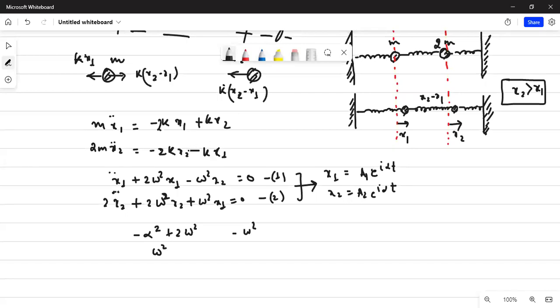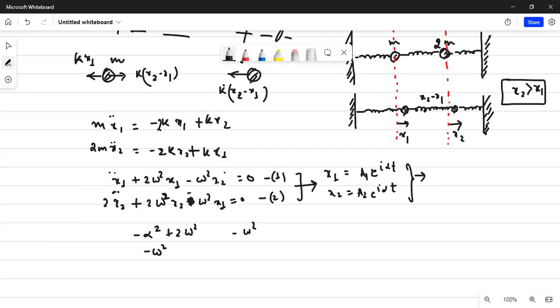Both of them are acting in this direction, so I think here it will be a minus sign also. So this will be minus omega square, and I think this is 2 omega square. Where is that alpha square then? Okay, so let us solve it and see.